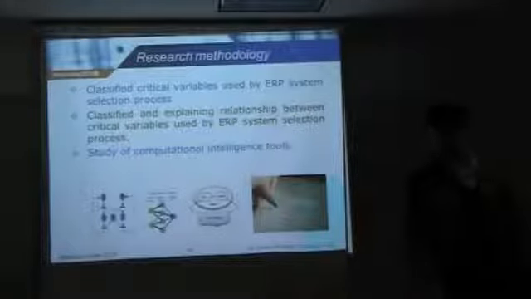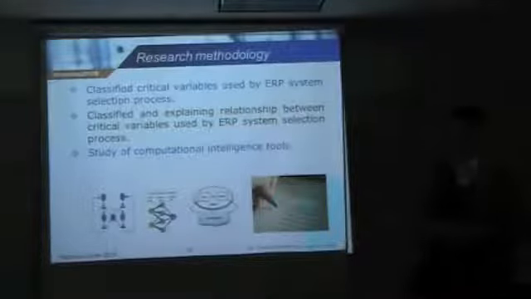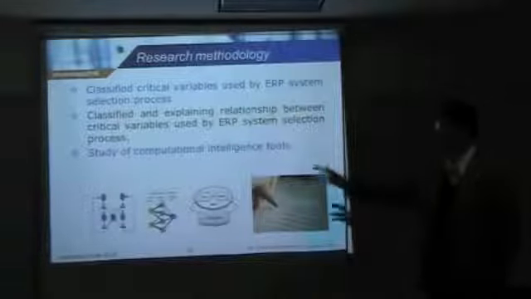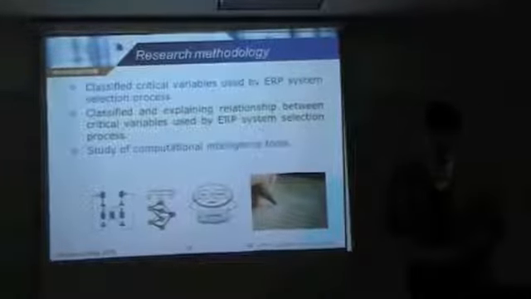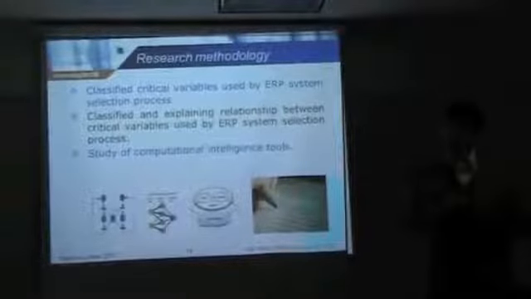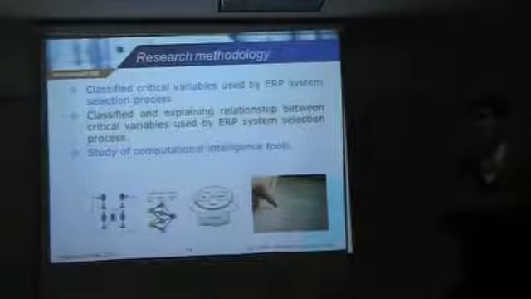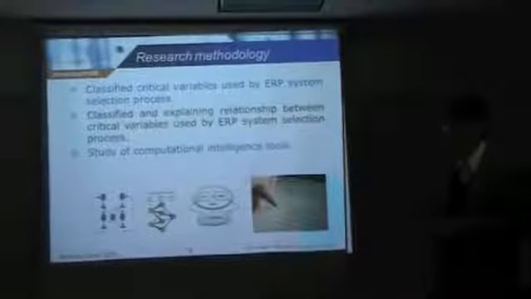In parallel, I need to study the computational intelligence tools that exist, such as vector nets, neural networks, agents, etc., to identify if one of these models could be used to design a model that could explain how the selection process is done.